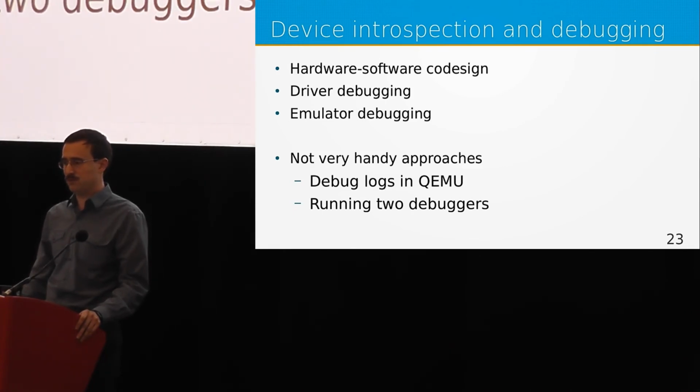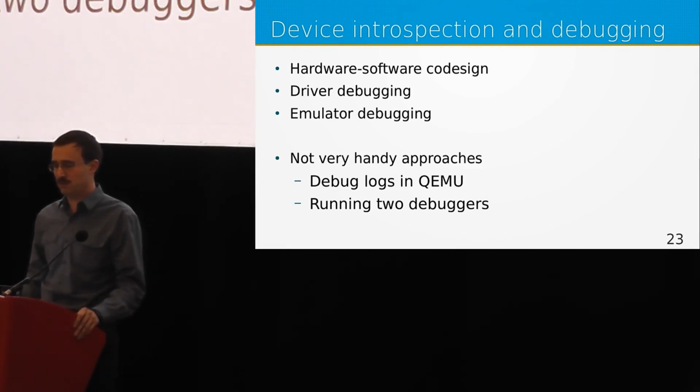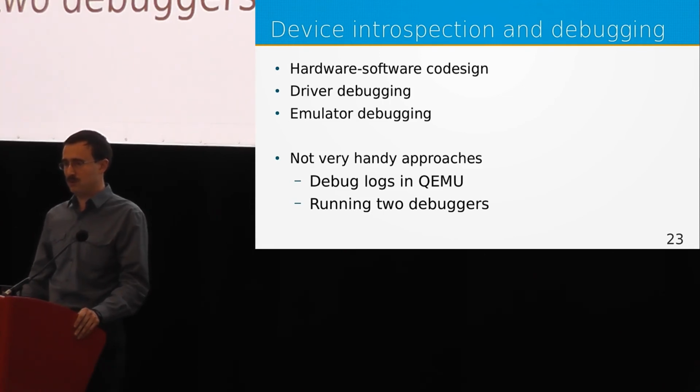This is kind of inconvenient because you have to match the logs and the debugging of the guest. So it would be more handy to provide some information from the device to the debugger and make it observable for the user.